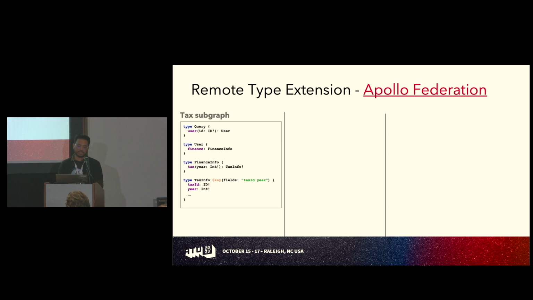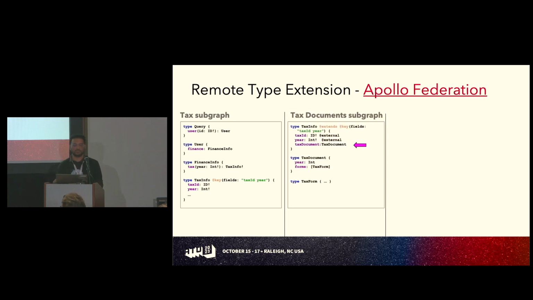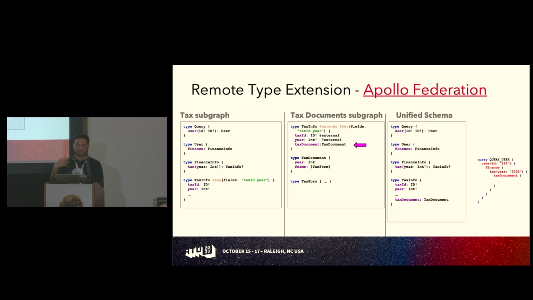To extend it, they have to define the same key in the other subgraph as well, add the field, and mark the tax ID and year as external, meaning that is not something that I own. I only own tax document in this. The result is the same. The unified schema in both examples is the same. The query that the client makes is also the same, but it's just to show that we support both flavors of the spec. The first one was called schema stitching, and this is federation.